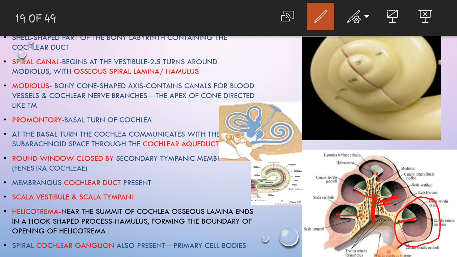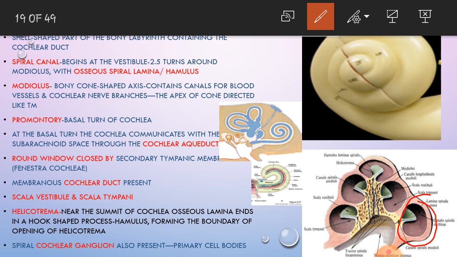Okay. Now, what is hamulus? If you talk about the hamulus, it is here a bony ridge which is the ending point of this osseous spiral lamina, and it also makes the boundary of an opening, the helicotrema. Hamulus is a bony hook, a bony ridge which makes the boundary of the helicotrema, because the osseous spiral lamina divides this cochlear canal into two halves.